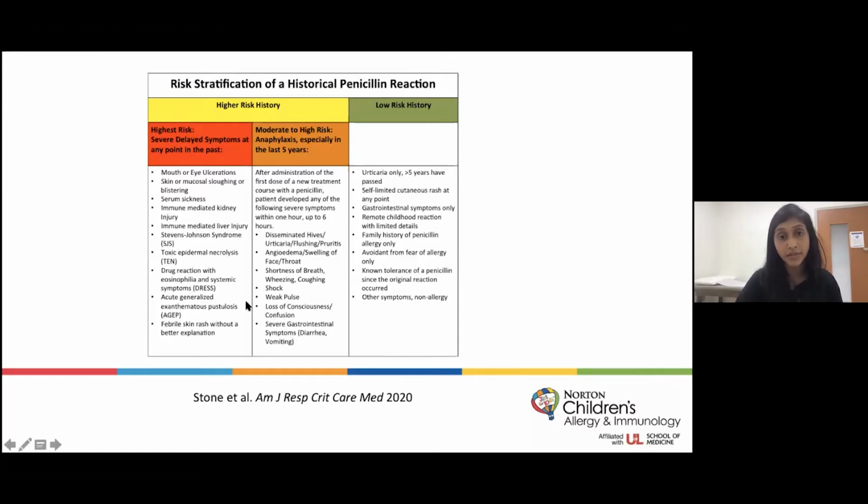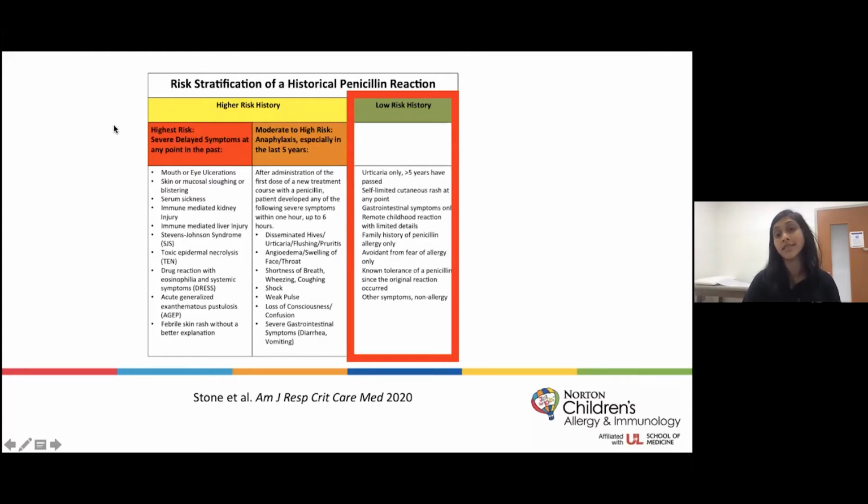High-risk reactions are usually consistent with anaphylaxis, regardless of the time since the reaction. If I think it's consistent with anaphylaxis, that's a high-risk reaction. What I do want you all to pay attention to as pediatricians is this low-risk history.